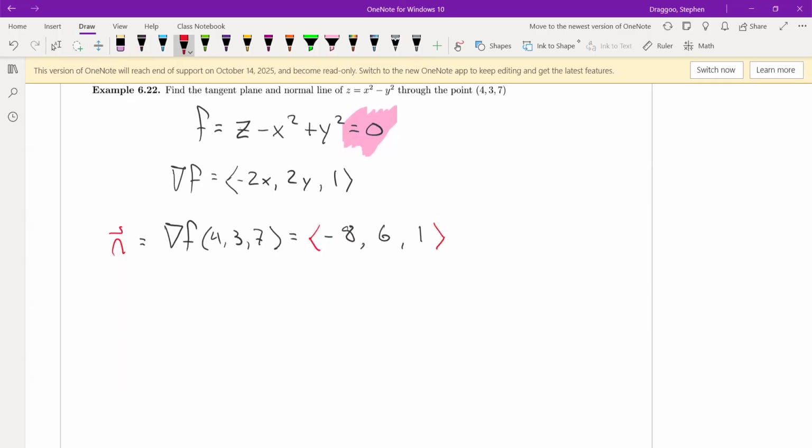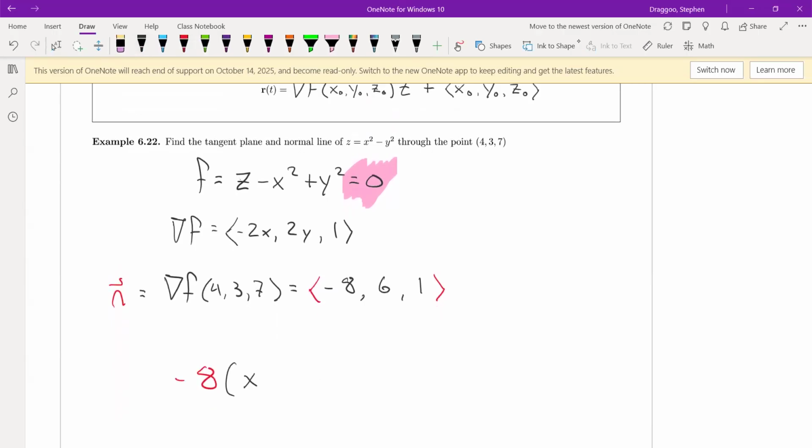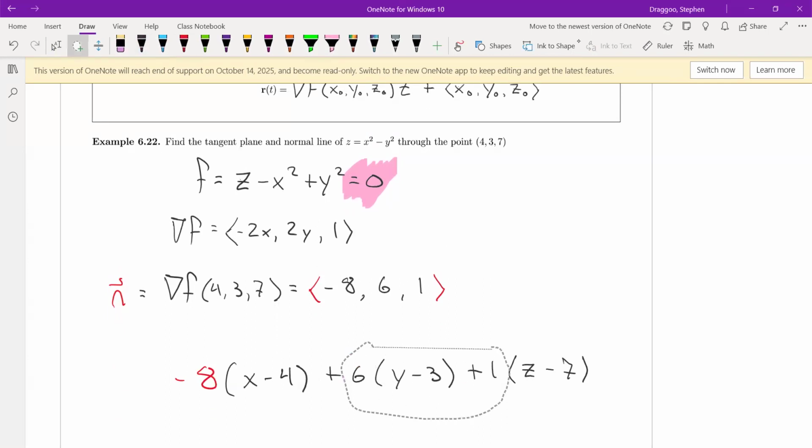So for the tangent plane, this is negative 8 times x minus 4, plus 6 times y minus 3, plus 1 times z minus 7.